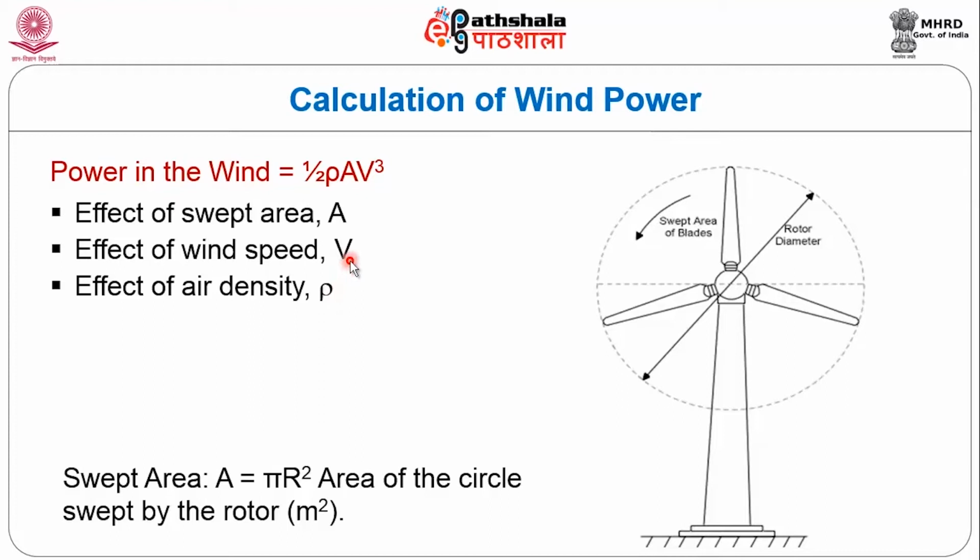We cannot do anything with the velocity and air density, but we can make some modification in the swept area so that we can increase the power output. Swept area, that is A, is pi r squared, the area of the circle swept by the rotor. As long as it is maximum, the power output also will be the maximum.